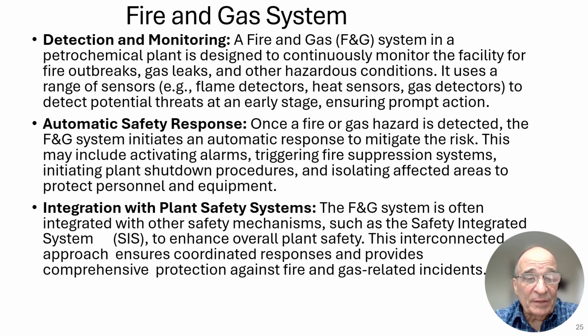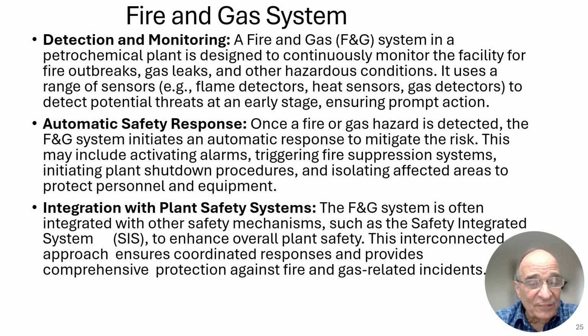Automatic safety response. Once a fire or gas hazard is detected, the fire and gas system initiates an automatic response to mitigate the risk. This is typically done through the SIS system. This may include activating alarms, triggering fire suppression systems, initiating plant shutdown procedures, and isolating the affected area to protect personnel and equipment.